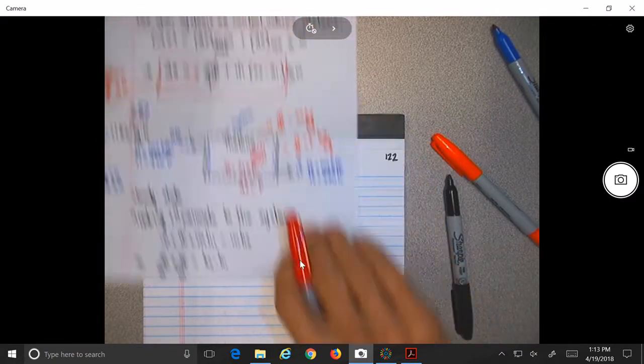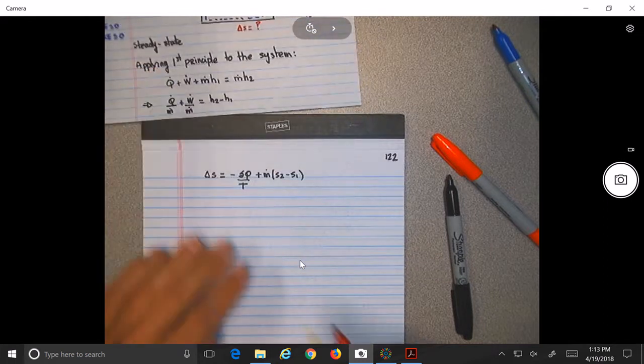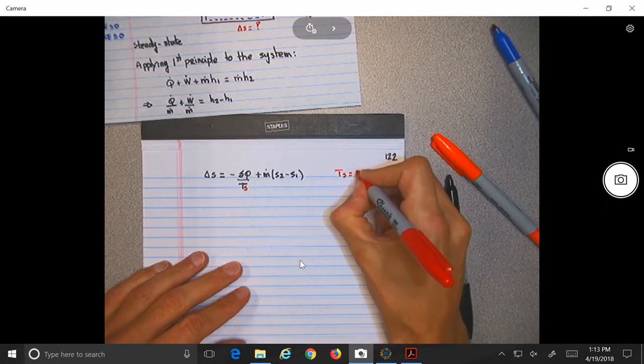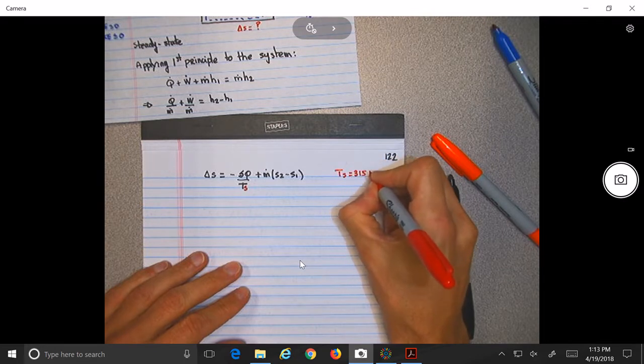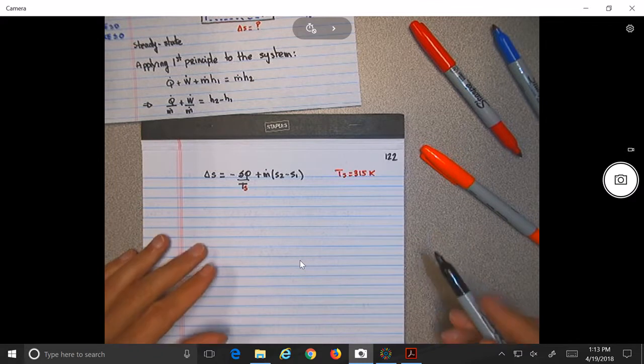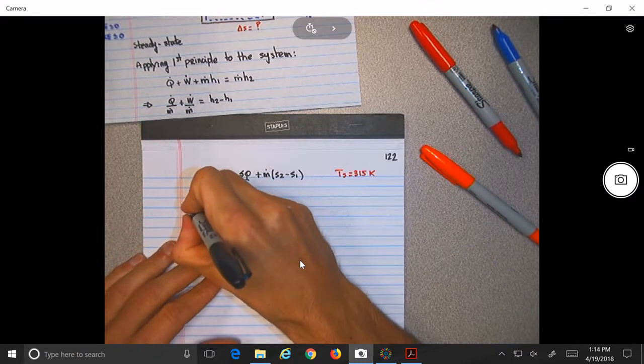What temperature should be T from the figure? Should be the TS, the 315. So we say TS equal 315. That's good. But again, we don't know the mass, so they ask us to find the change in entropy per unit mass.